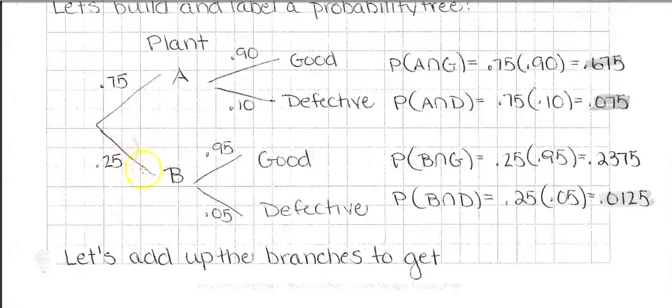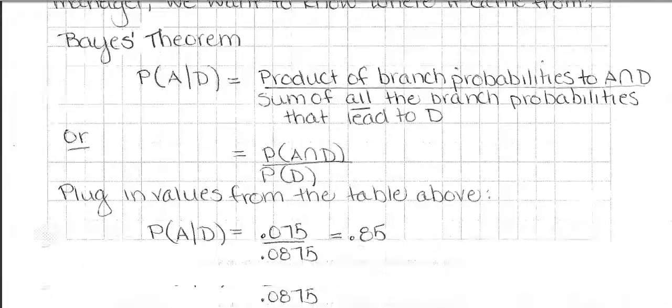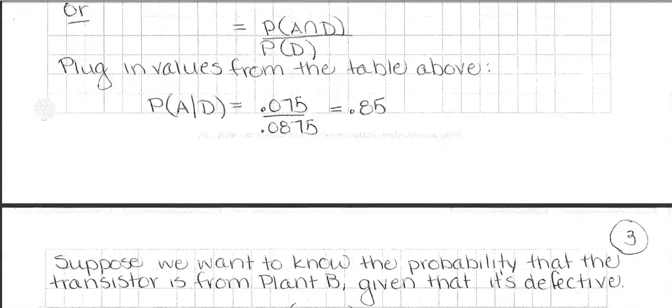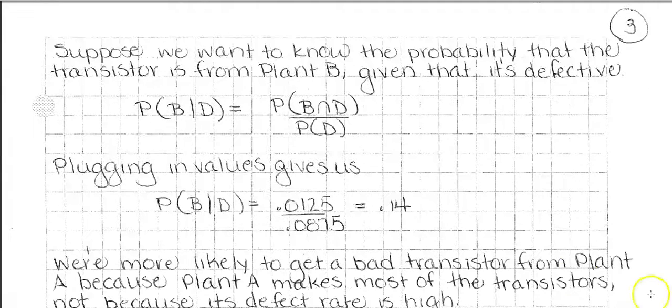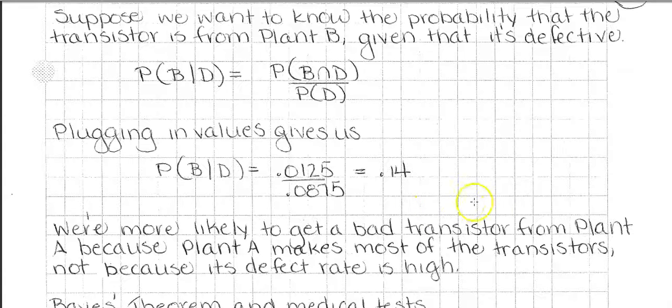That's this one, down through B and defective, 0.0125. And our denominator is the same. It's all the ways to get to a defective transistor, 0.0875. You can see this is a much smaller number. It's only 14% likely. So again, it's much more likely if we're holding a bad transistor, it came from plant A, and that's because plant A made most of the transistors.